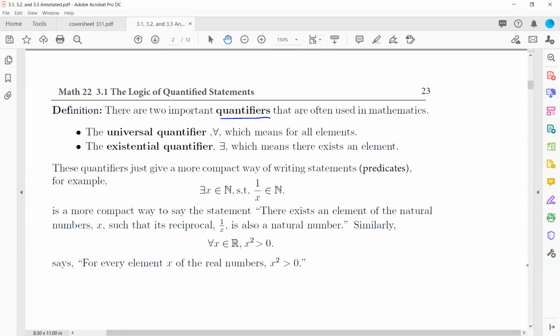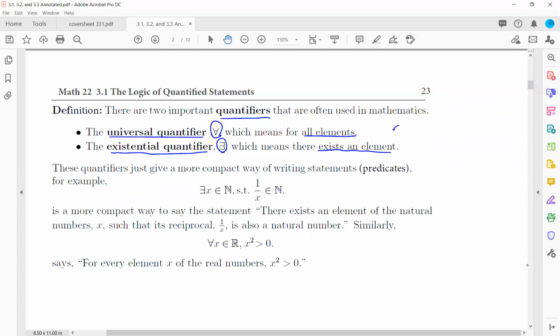The first one is called the universal quantifier, and the symbol that you use for it is an upside down A. The second quantifier is called the existential quantifier, a backward E. The universal quantifier means that it includes all elements, everything. The existential quantifier means that there exists one element.